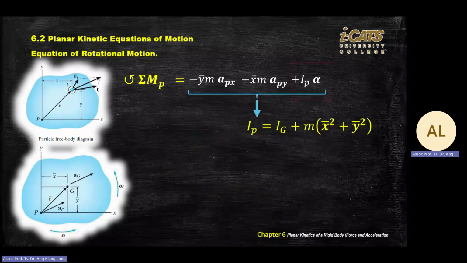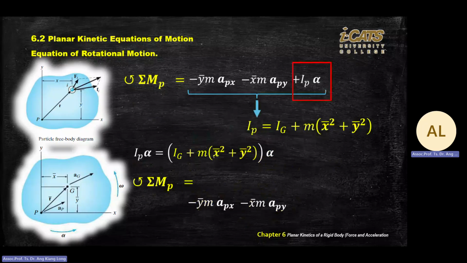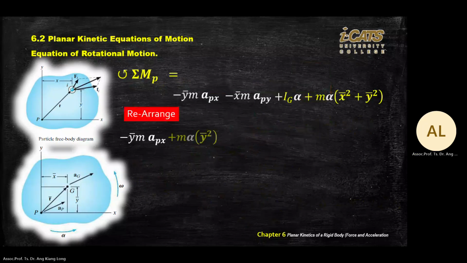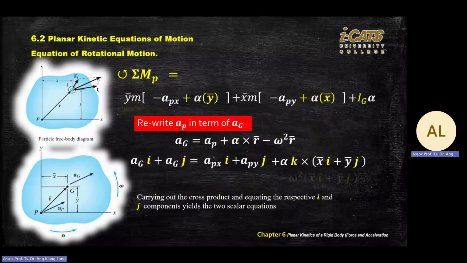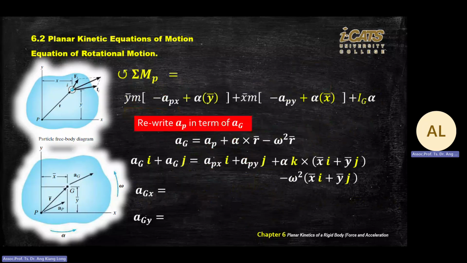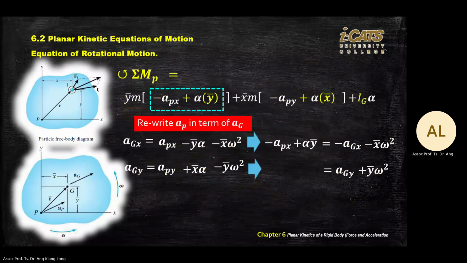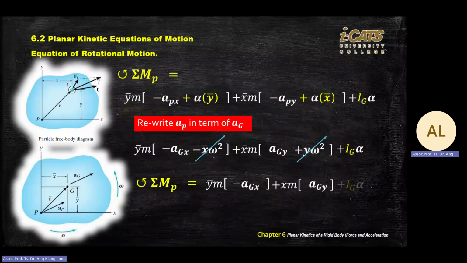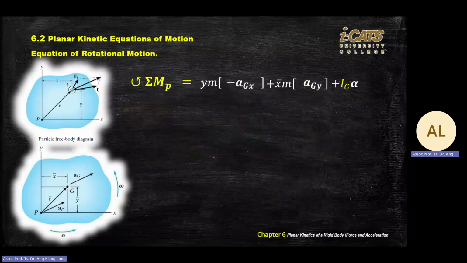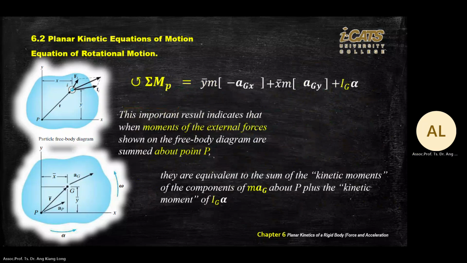This one I already explained. It's quite lengthy, with some mathematics, more on the cross products and so on, so I'm not going that way. At the end, you arrive at one equation. We did this one.